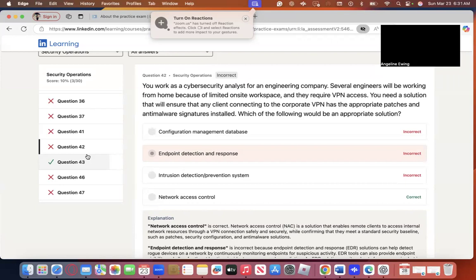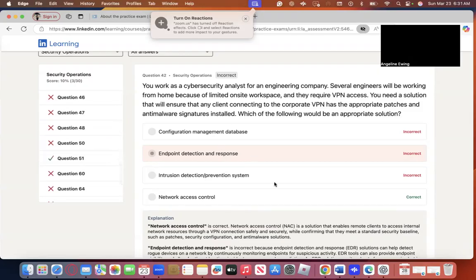That would be network access control. Network Access Control, NAC, is a solution that enables remote clients to access internal network resources through a VPN connection safely and securely, while confirming that they meet a standard security baseline, such as patches, security configuration, and anti-malware solutions.